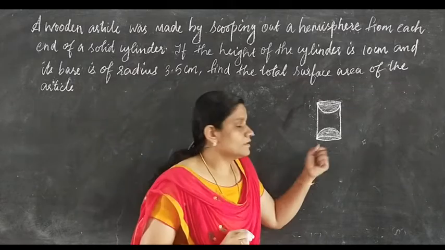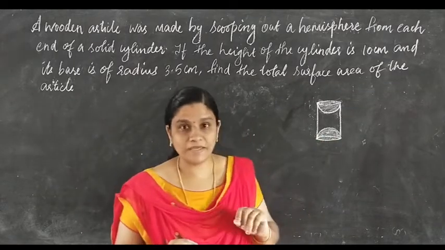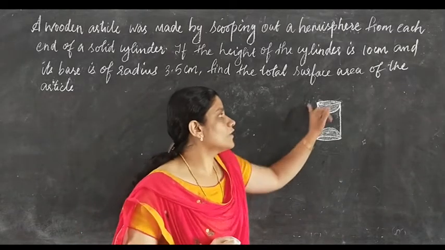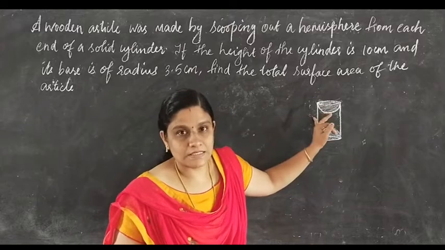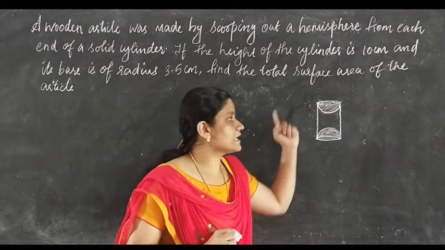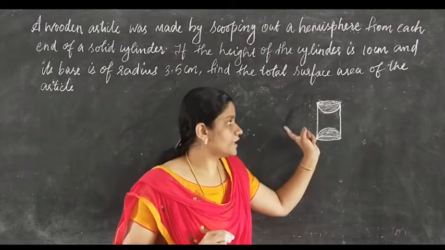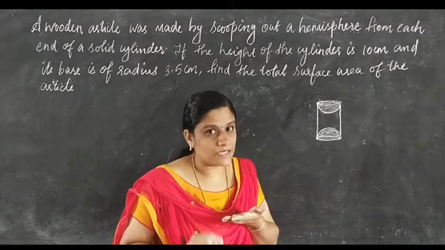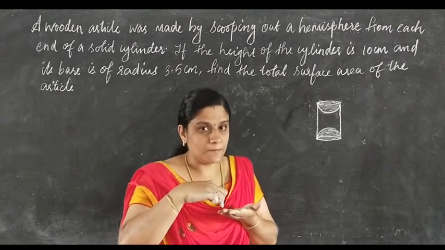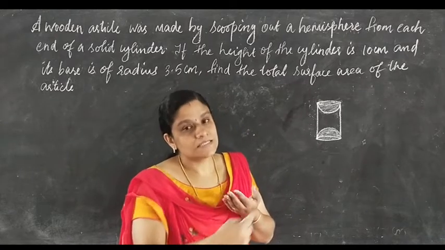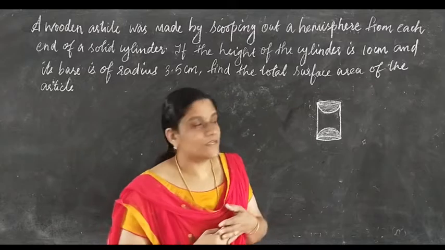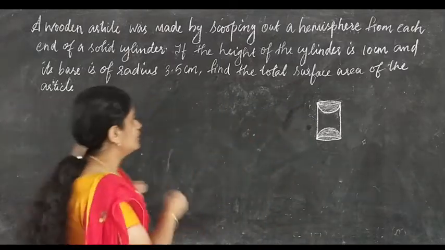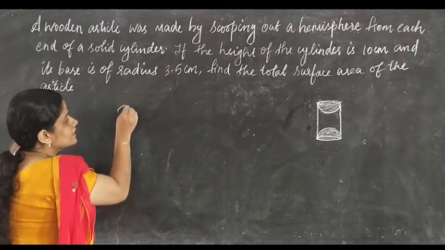The same way, if we look at the bottom, we can see the same hemisphere there. So what will be the total surface area of this? That is the curved surface area of cylinder, plus at the top CSA of hemisphere, plus at the bottom CSA of hemisphere. So we can get the total surface area of this article by using what, children?